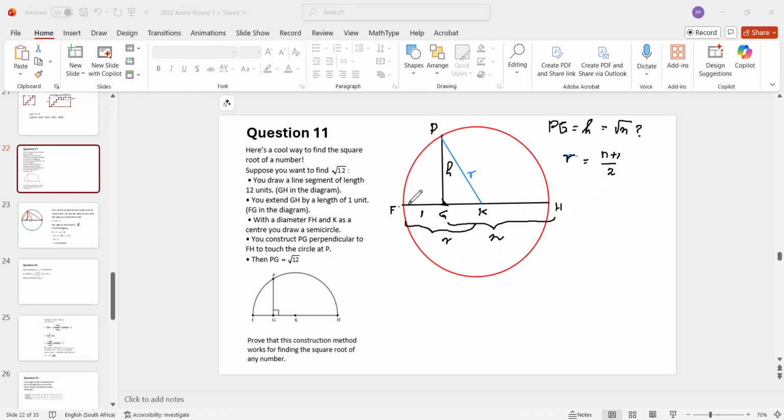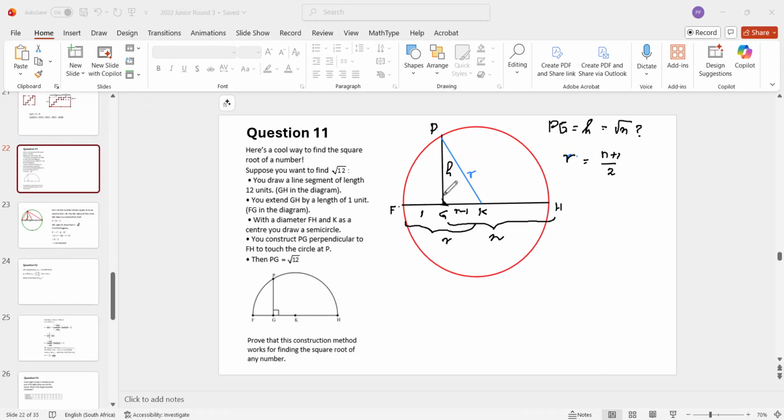From the center to the boundary. So this part here is 1. So therefore GK will be R minus 1. Okay, because the radius, that is a piece, these two add up to R. So this has to be R minus 1.